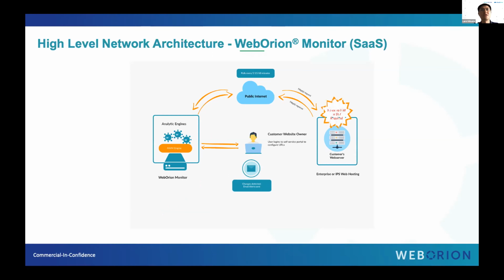For this solution, there is no extra hardware or software agent needed in your environment, because this is an entirely out-of-band solution. So this is a high-level network view of the WebOrion Monitor architecture.